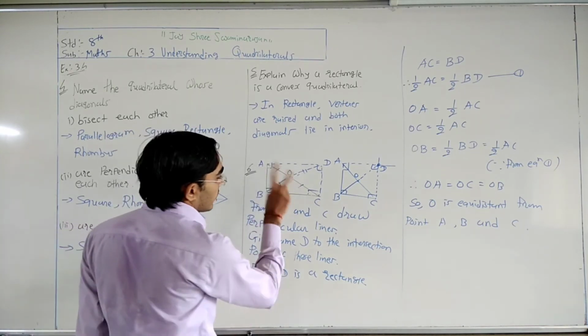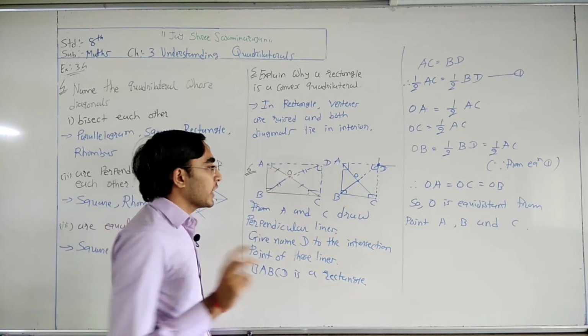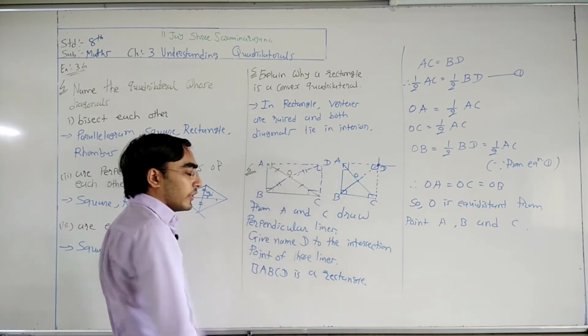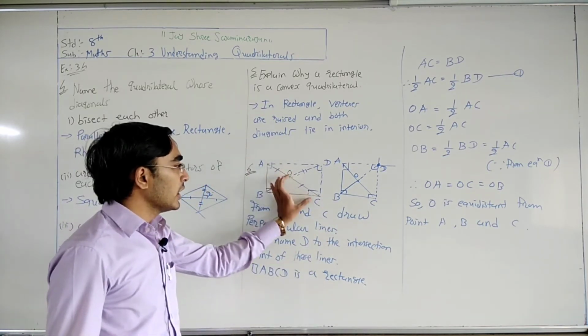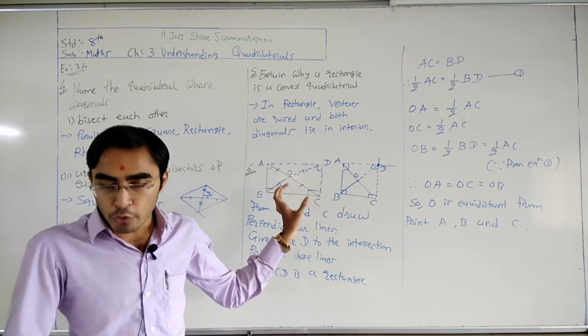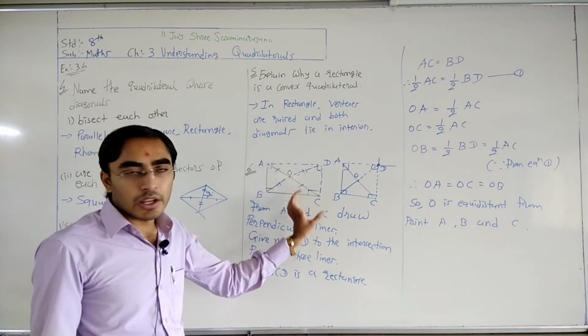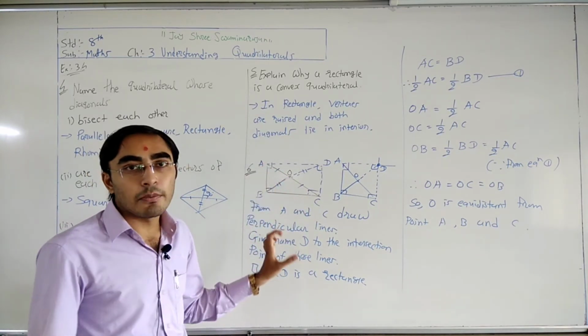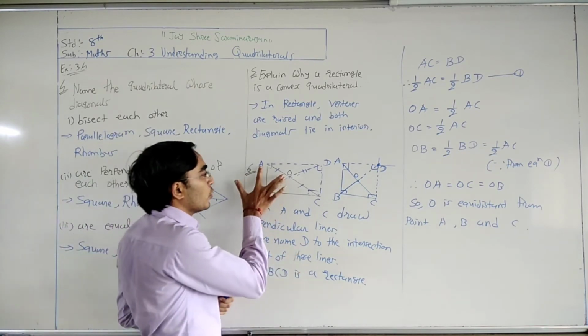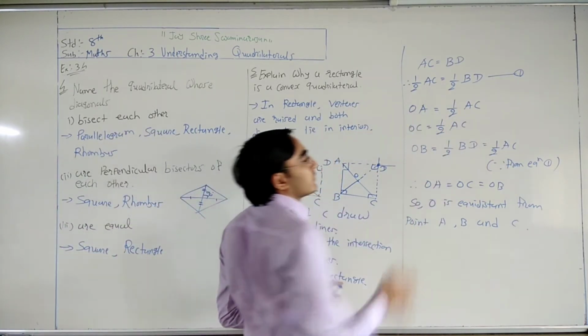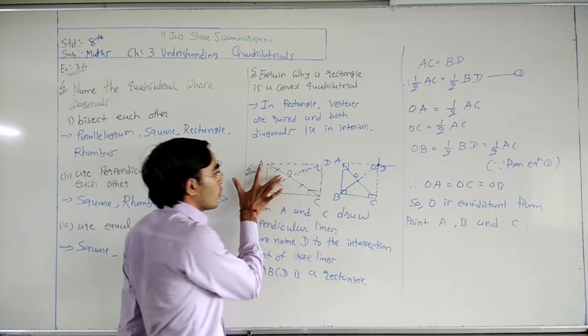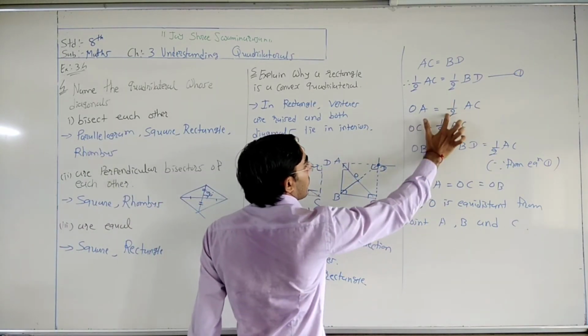Now if OA is equal to OC, we can say that OA is half of AC, because both these parts are equal. So this part is half of the whole. That means OA is equal to half of AC.